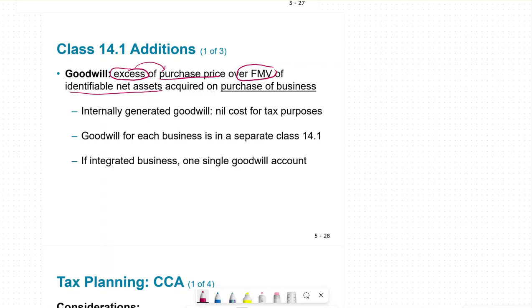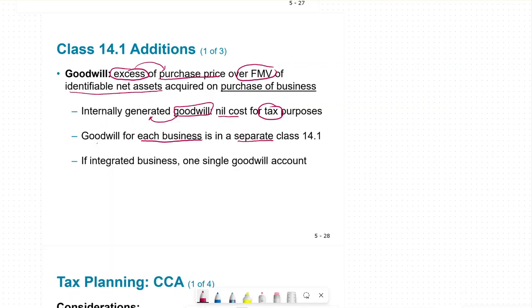Now, goodwill cannot be internally generated. If it's generated internally, it doesn't cost you anything, so you cannot have any capital cost for tax purposes. If you purchase more than one business, we have to put each one in a separate class.